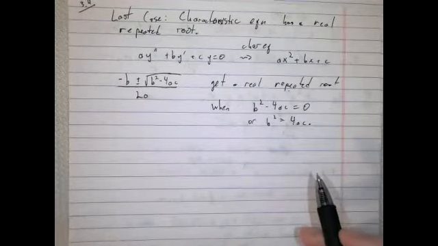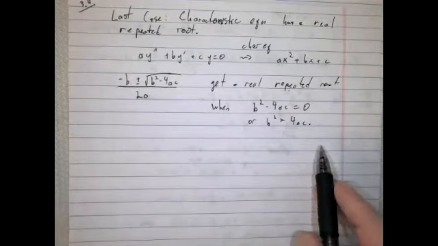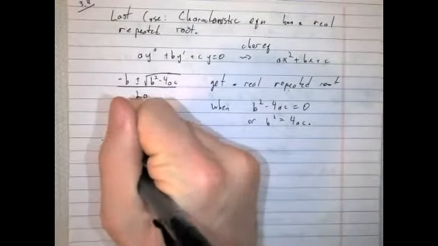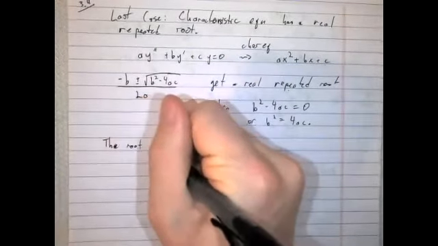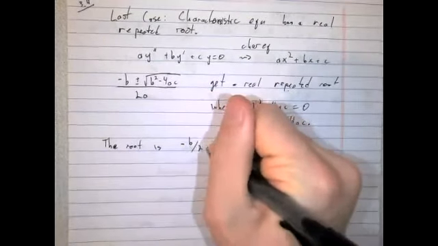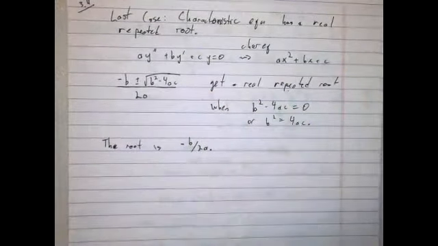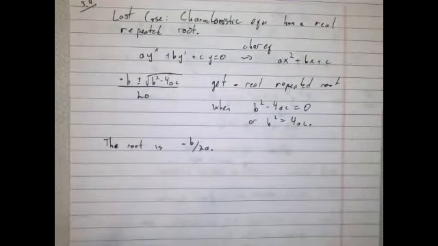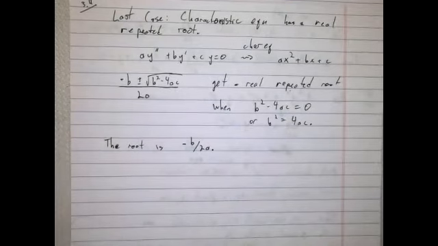And if this is the case, what is the real repeated root? Negative b over 2a. Exactly. The root is negative b over 2a. You just plug in 0 here and you get negative b over 2a as your root.